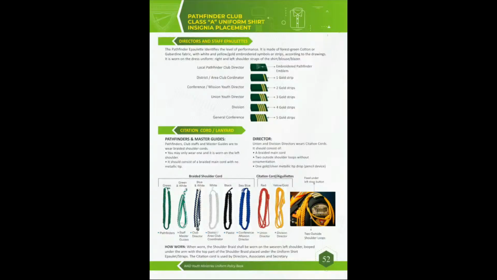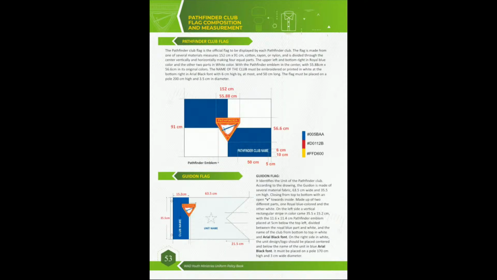So we can look at the adventurer flag. It's always hard to get a flag, right? But you can make yours yourself. You can make a flag for your club. You can make a good measurement.